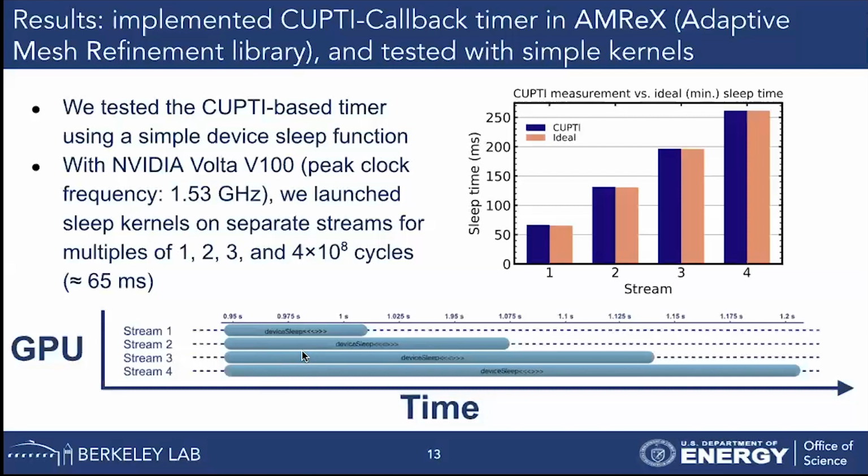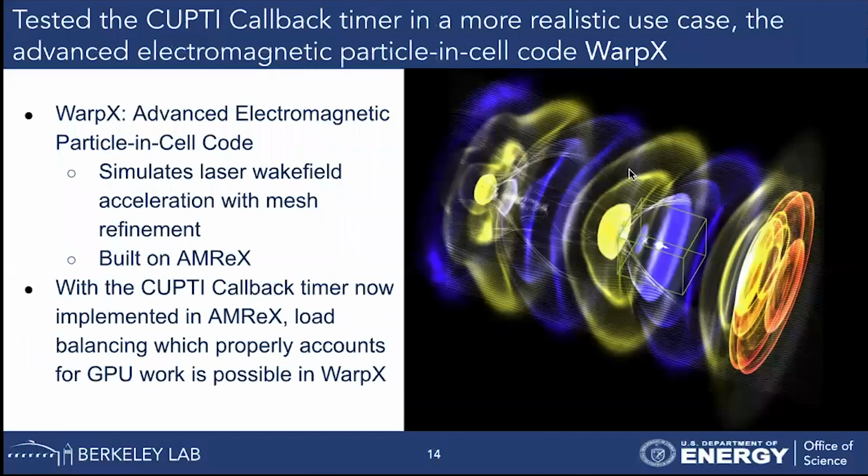So if you tilt this plot 90 degrees counterclockwise, it should give essentially this plot in the upper right. So that was for a very simple example. We were just requesting that the device sleeps on different streams. And so now I'll show how we implemented this in WarpX and try to use this for load balancing.